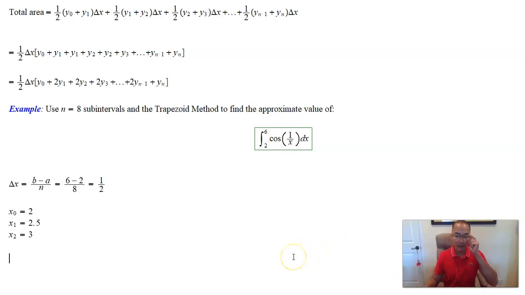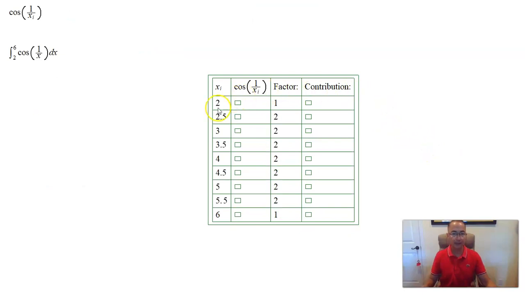Right? So to keep our work organized, let's make a little table with the endpoints, the y-coordinates, the factor that we are multiplying by each y value, and the total contribution. So let me set up a table for you. All right, here is our table.